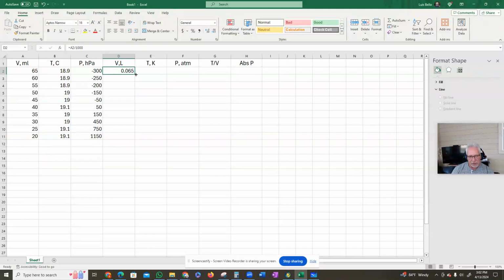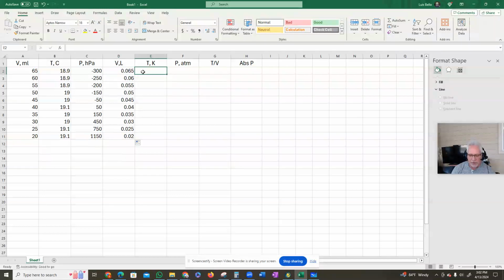I click on the right corner and drag down, and it will calculate all the volume. Automatically, Excel will calculate the remaining formula, applying the same formula that I placed on the first one. Again, that will be this divided by 1,000.